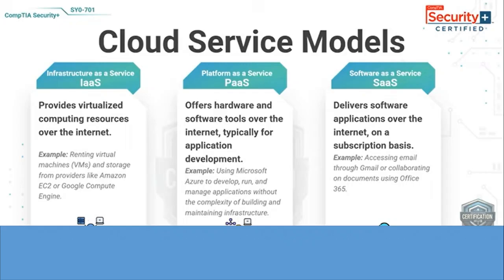PaaS is an example of using Microsoft Azure to develop, run, and manage applications without the complexity of building and maintaining infrastructure. And IaaS is rental of virtual machines, VMs, and storage from providers like Amazon EC2 or Google Compute Engine. These are the cloud service models.